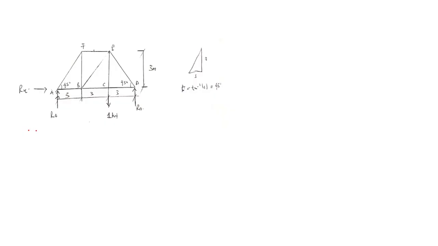When we apply a unit load at joint C, we find the reactions. To find the reactions, we take the summation of moments about point A equals 0. If we take this as our positive direction, it's just the same analysis we've been doing.